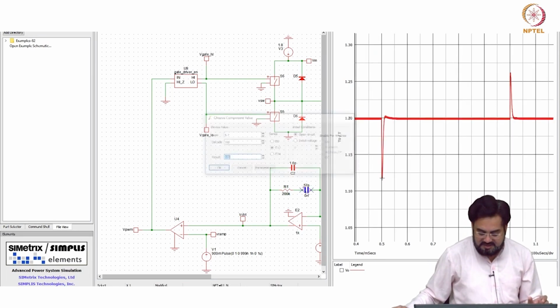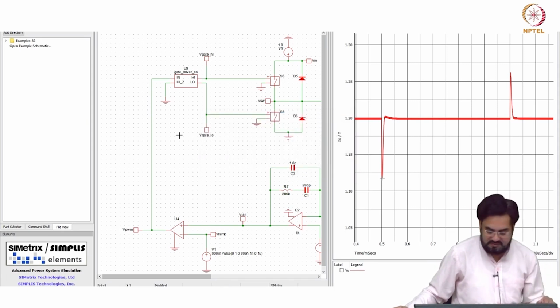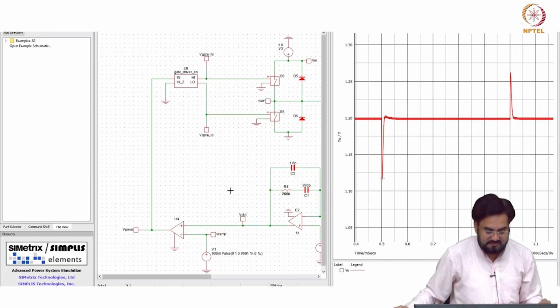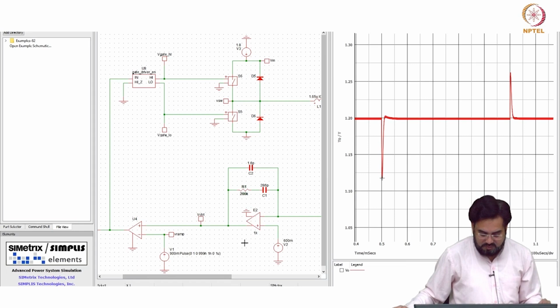Now I simply make it 286 pico. 286 pico means omega naught by 10, 5 times more cap.